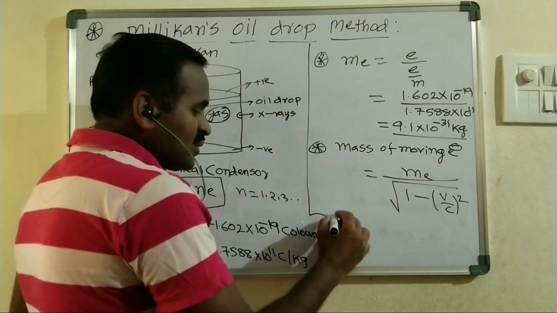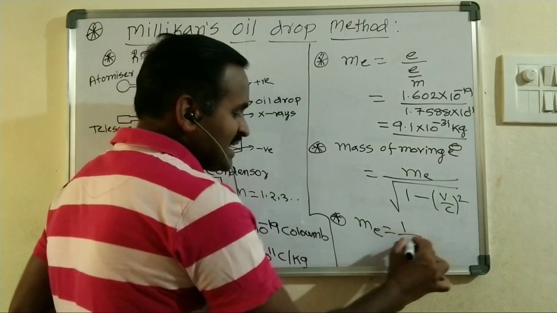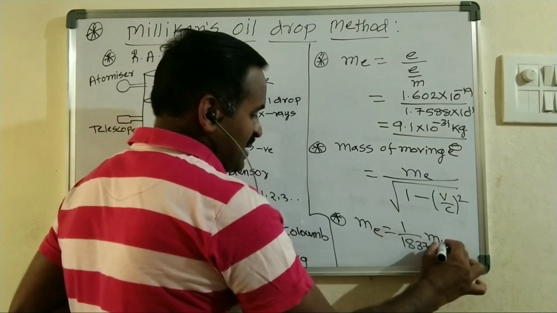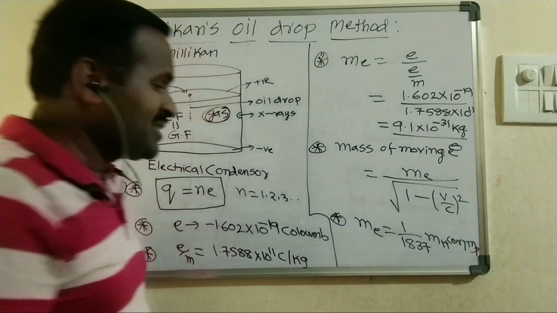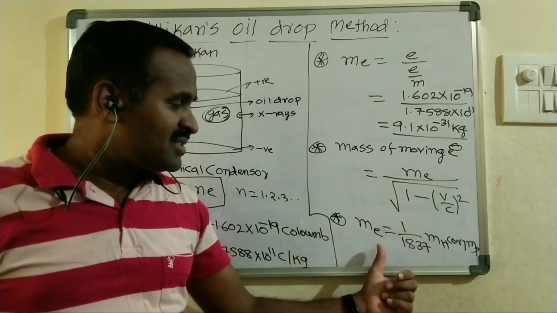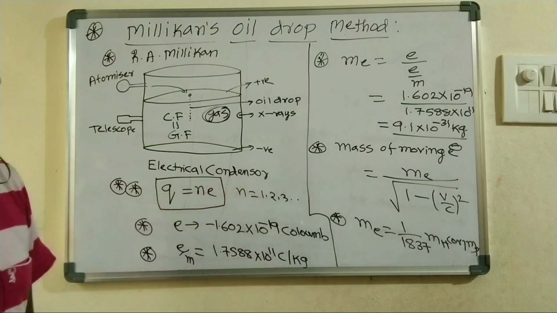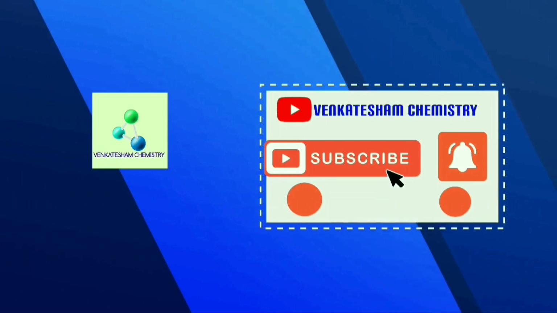As we all know, the mass of the electron is 1 by 1837 times the mass of hydrogen, or the mass of the proton, right? So the mass of the electron is very small, 10 power minus 31 kg, and it is always 1 by 1837 parts of the mass of the hydrogen or the mass of the proton.